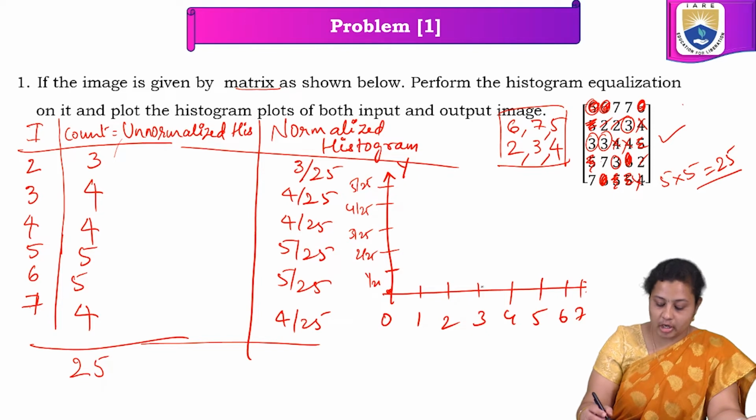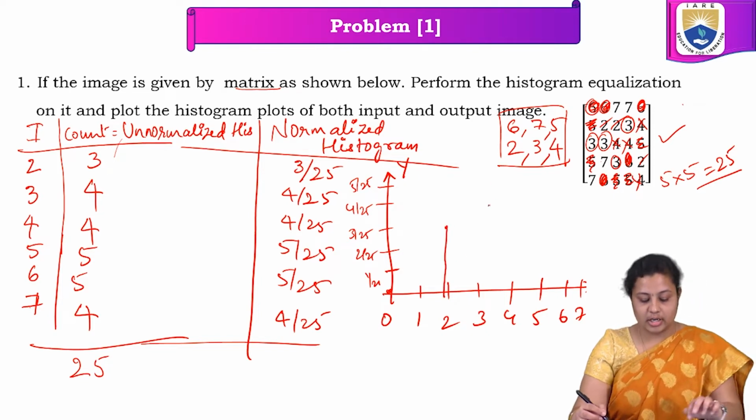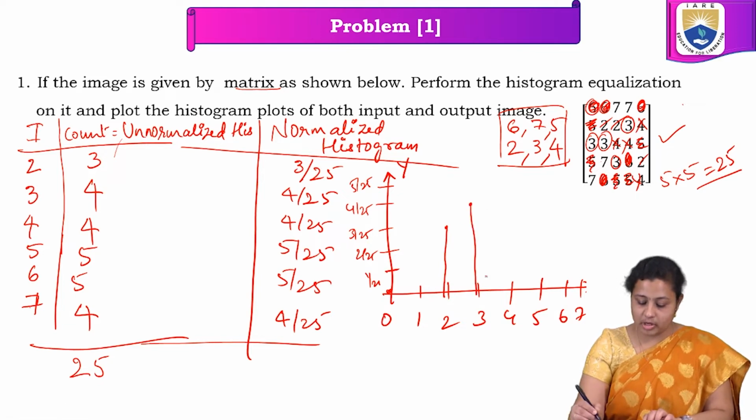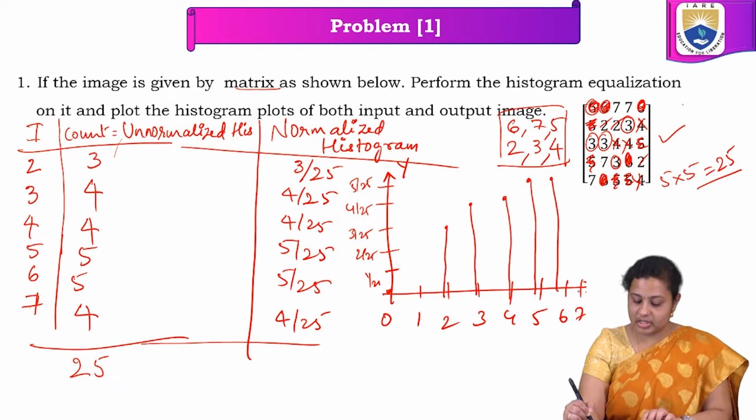Intensity 2 has 3 by 25, intensity 3 has 4 by 25, intensity 4 is again 4 by 25, 5 is 5 by 25, 6 is 5 by 25, and 7 is again 4 by 25.